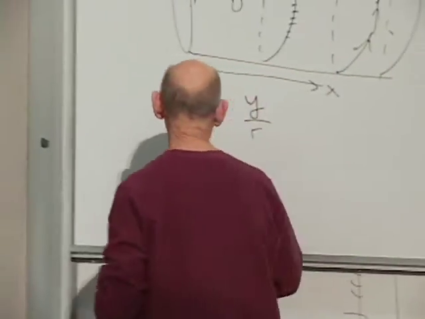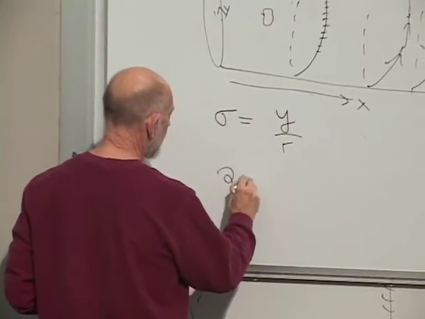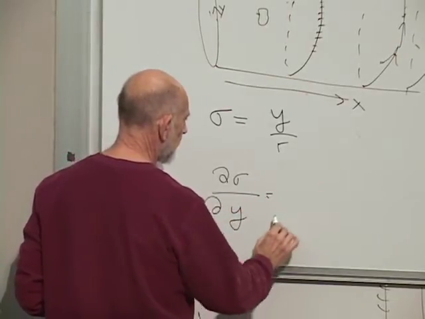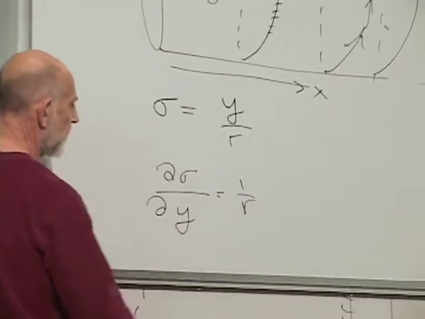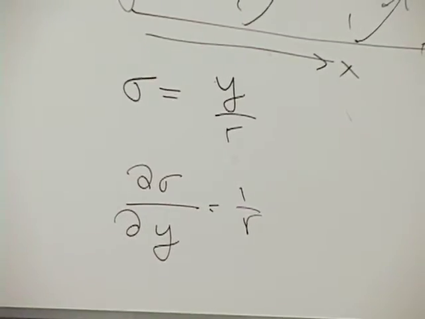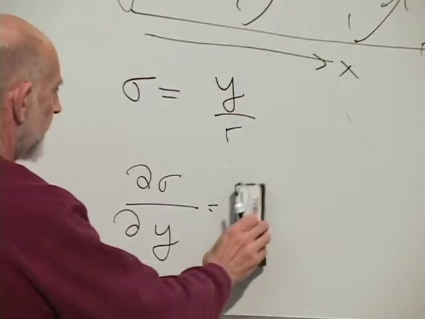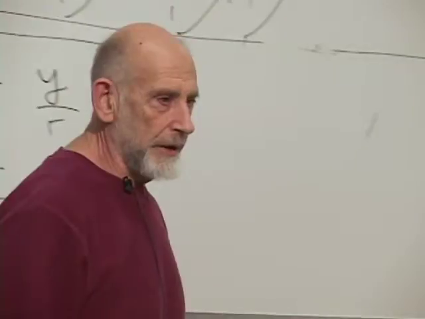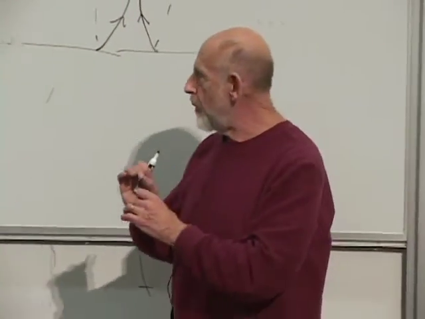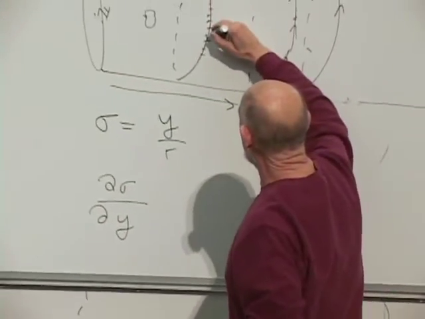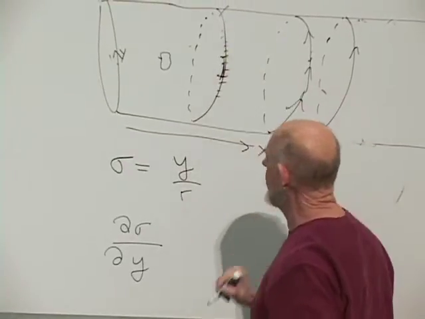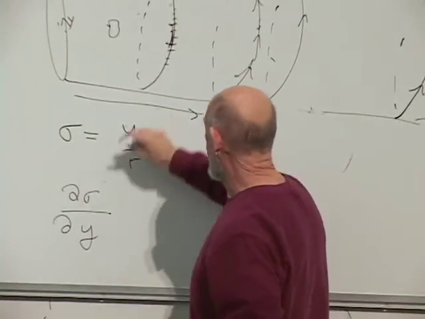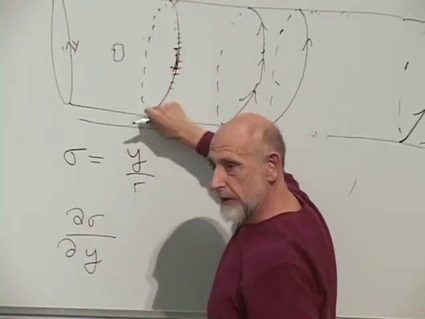Well, now look at this. Let's look at d sigma by dy. That's just 1 over r. d sigma by dy is proportional to the little spacing between here and here, and the total winding number is the sum of a little bit of d sigma dy as you go around the string.